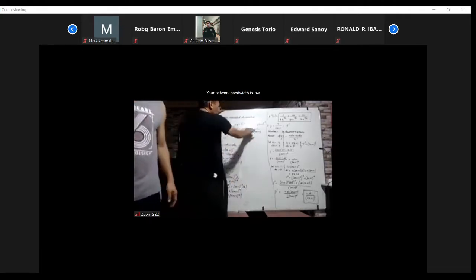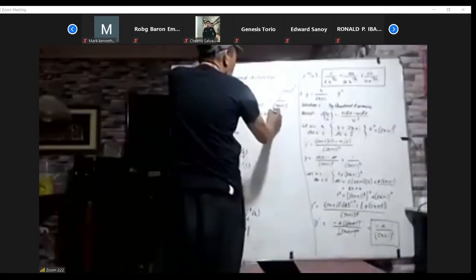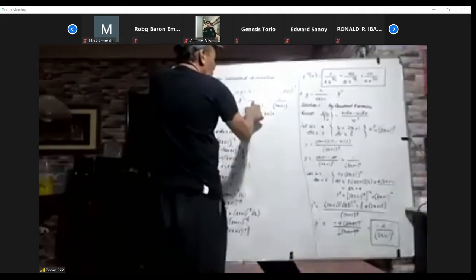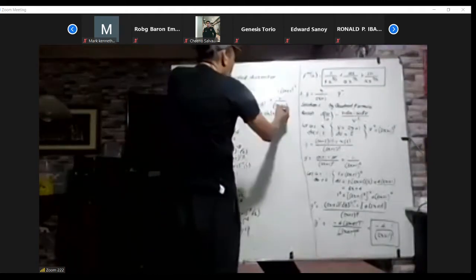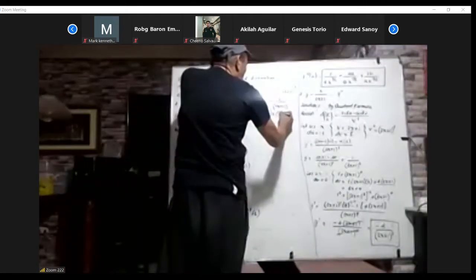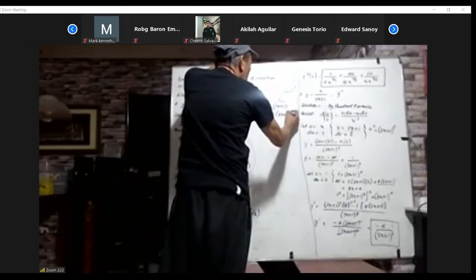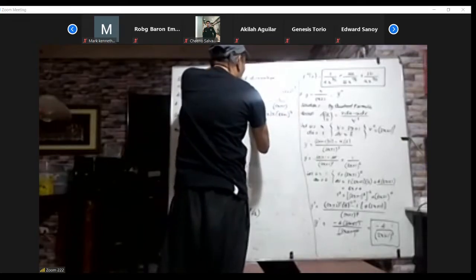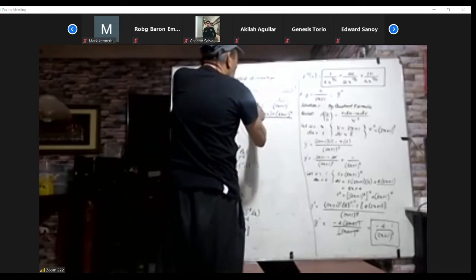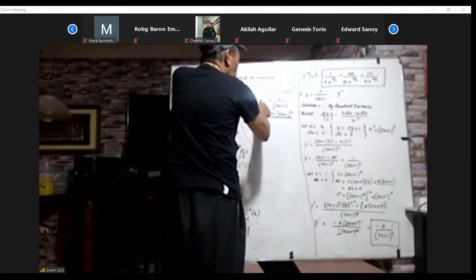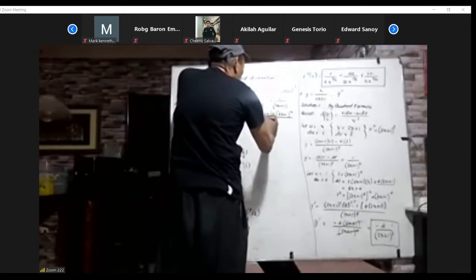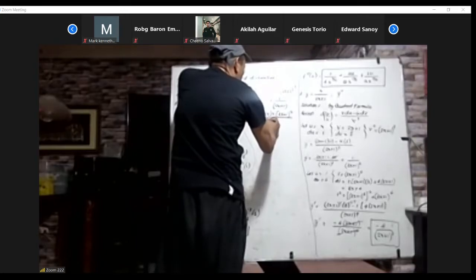Then ito, i-cross-multiplied natin, that is plus 2x plus 1 squared times 1. So magiging 2x plus 1 squared all over 2x plus 1 raised to 2 times 2x plus 1. So magiging 2x plus 1 cubed.